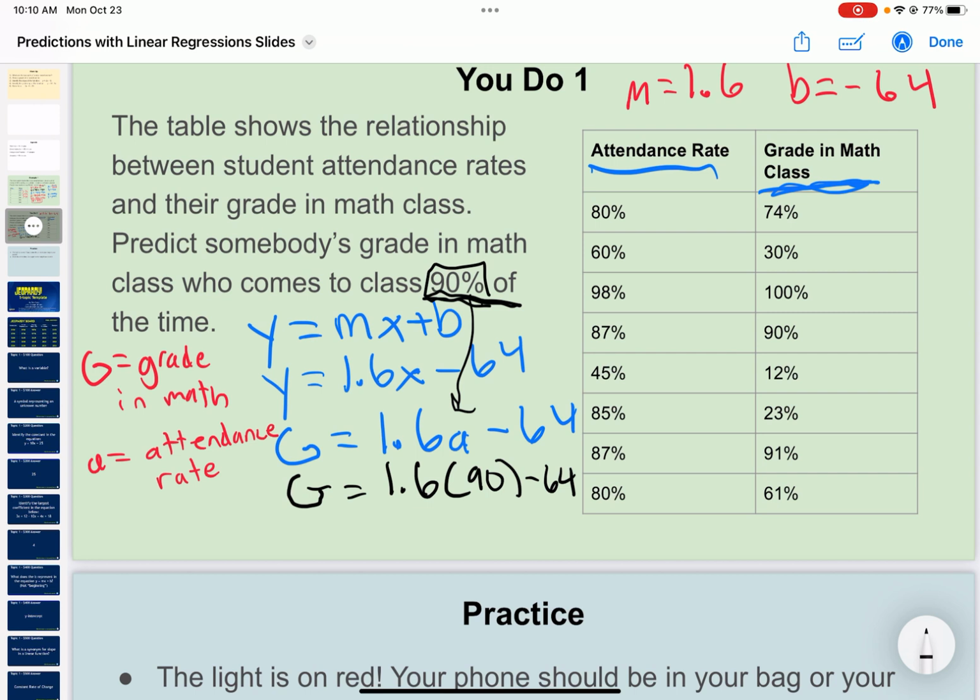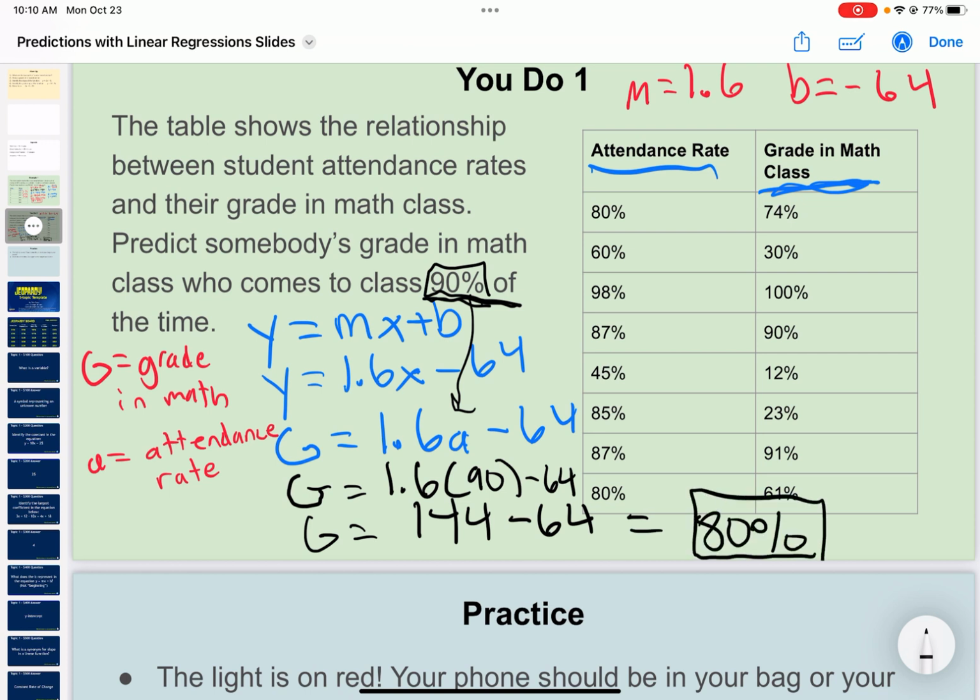I know 90 times 3/5. 90 divided by 5 is 18. 18 times 3 is 54. This is 144 minus 64. 144 minus 64 is equal to 80. So I predict that a student who attends class 90% of the time will score an 80% in my class.